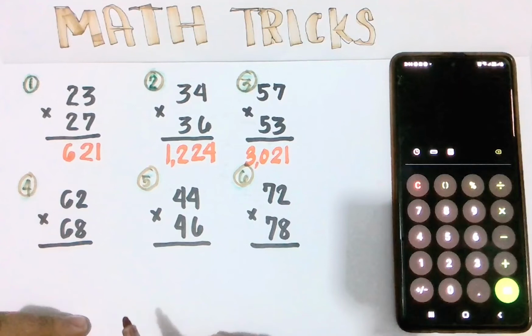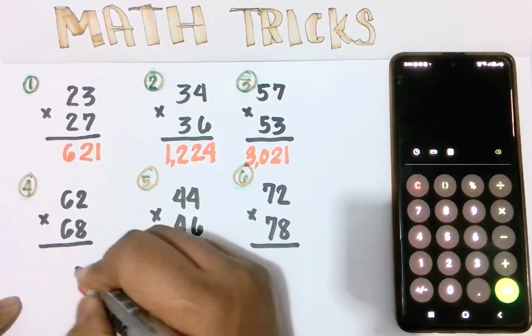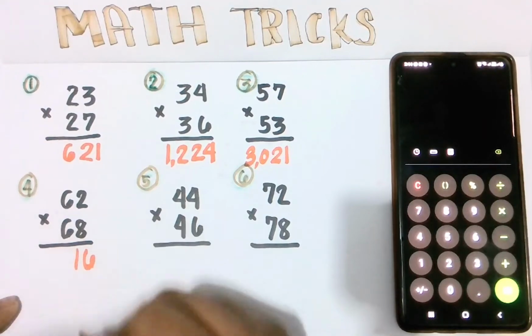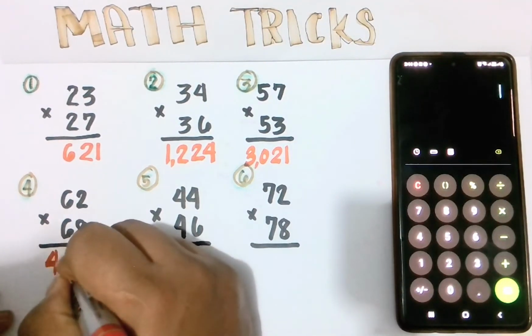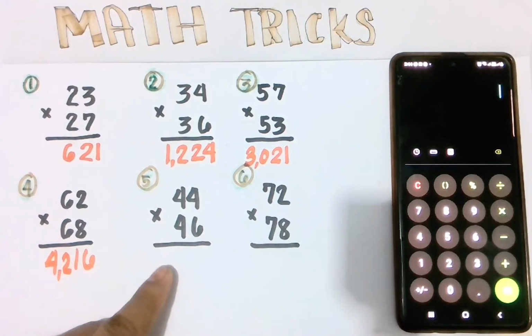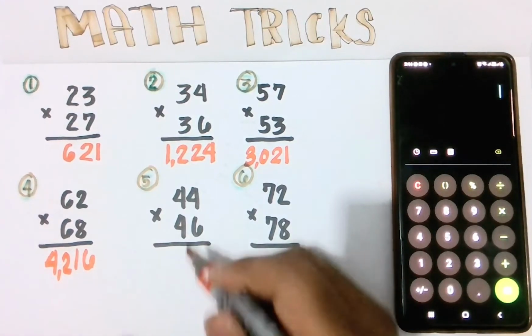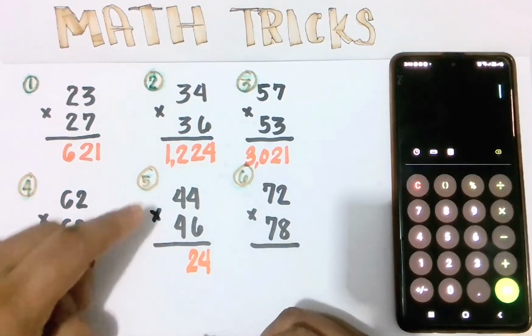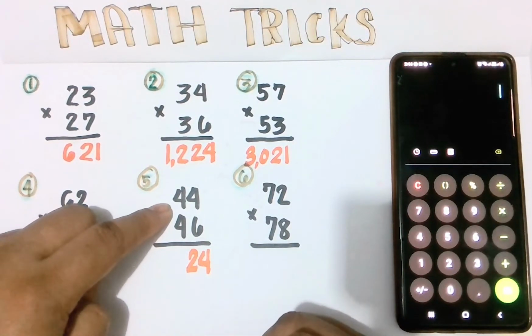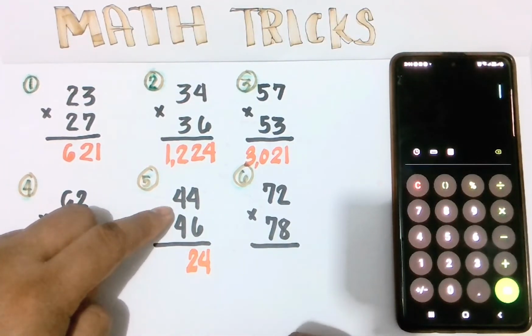Okay. Number 4. So, 8 times 2, 16. At ang magkapareho nating number dito ay 6. Let's just multiply it by 7. So, 42. 4 and 2. Okay. Number 5. 4 times 6 is 24. And 4, ang kasunod ng 4 ay 5. So, let's multiply 4 and 5.